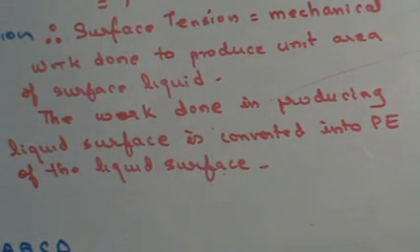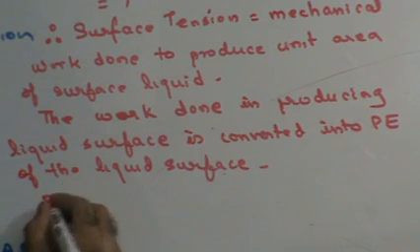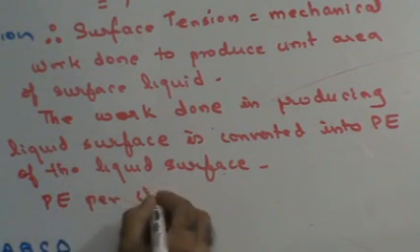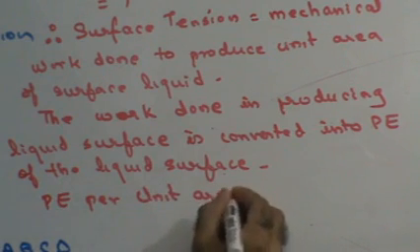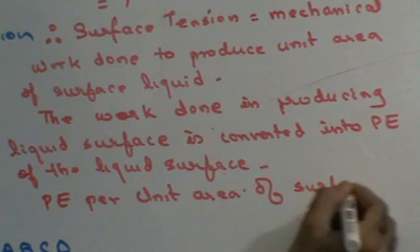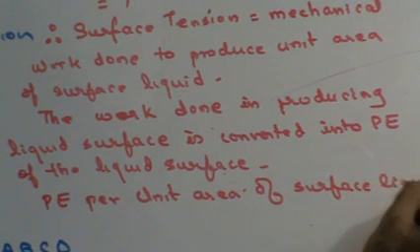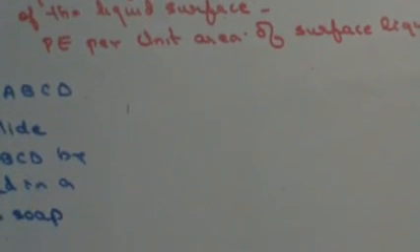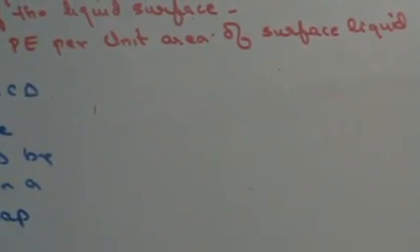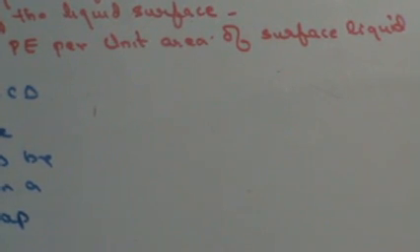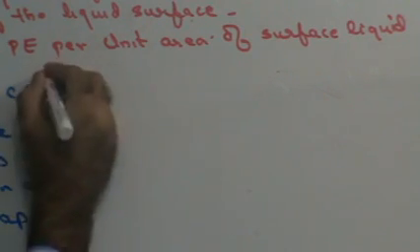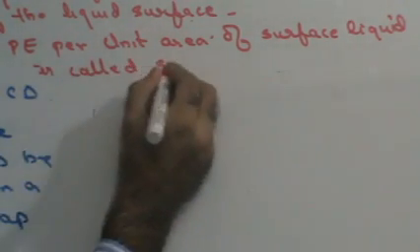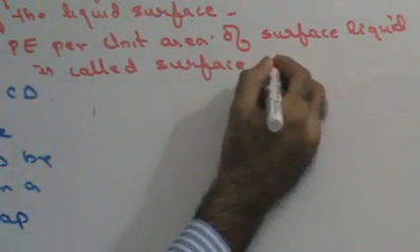Hence I can say that potential energy per unit area of the liquid surface can also be called surface energy. Potential energy per unit area of surface liquid is called surface energy.